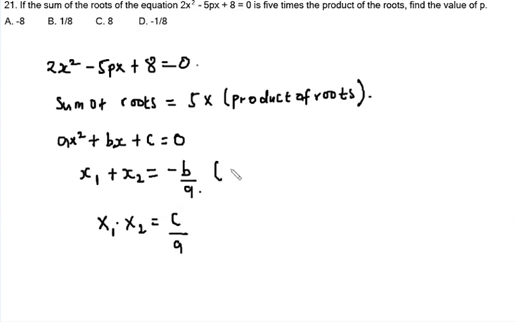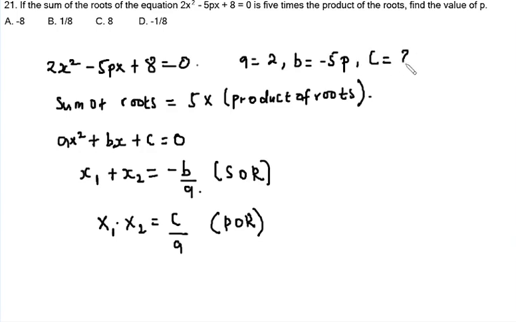So this is for the sum of roots and this is for the product of roots. This can apply to any quadratic equation. So for this equation, our a value is 2, our b value is minus 5p, our c value is 8. So we can use this idea here now.